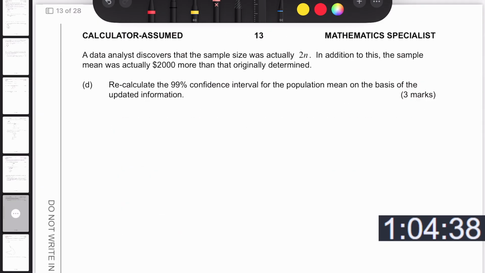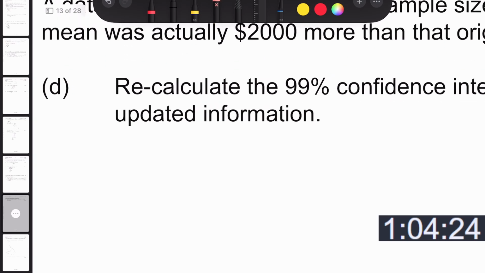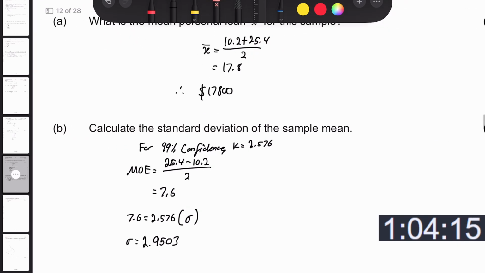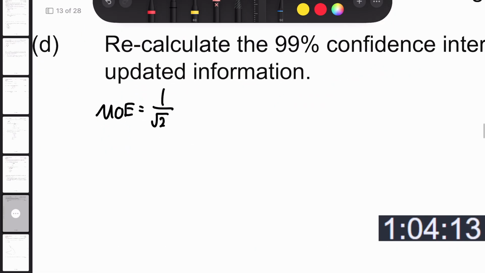A data analyst discovers that the sample size was actually 2, and in addition to this, the sample mean was actually 2,000 more than originally determined. Recalculate based on the mean on the basis of this updated information. So we'll say that margin of error is going to be equal to 1 on square root of 2 of the old margin of error, which was 7.6.